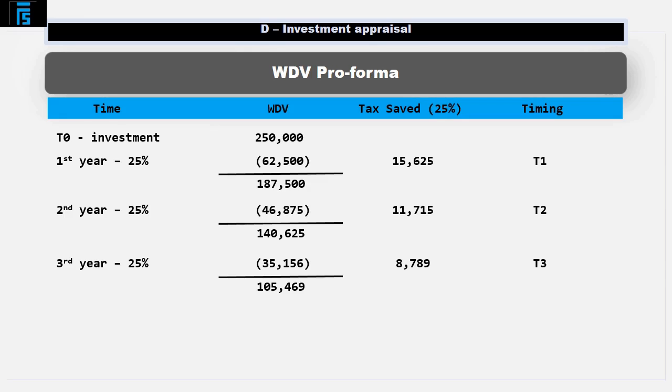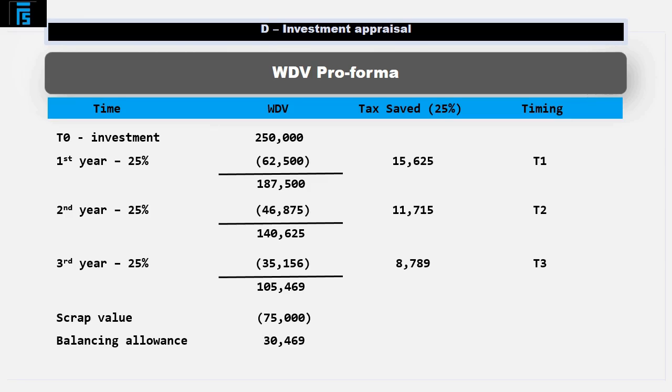However, usually there's a balancing allowance or balancing charge in that final year. This is the equivalent of a profit or loss on disposal for tax purposes. It's easier to see this through an example, so let's see what would happen in this case. We said the scrap proceeds of this investment was $75,000.